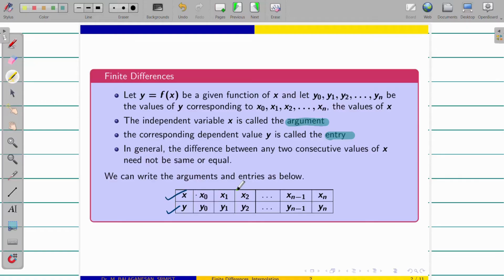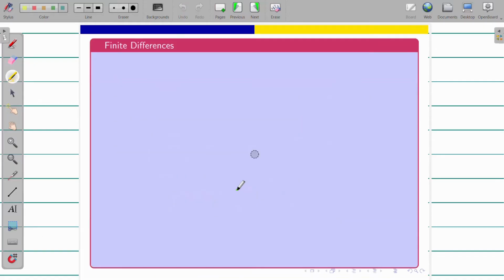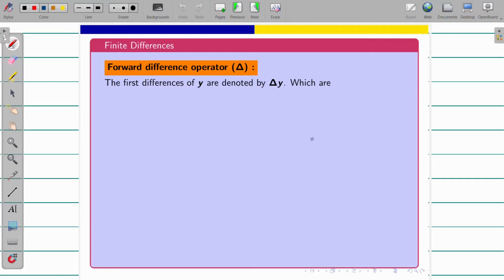Now using this table, I'm going to explain how to do the forward difference as well as the backward difference. For the forward difference operator, we are going to use delta. How to define it?